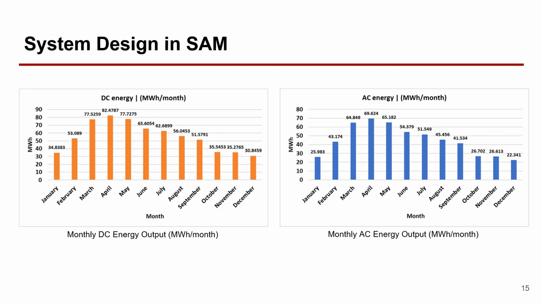Now for the monthly AC energy output, on the right side, the highest was in April as well with 69.62 megawatt hour, and the lowest was in December as well with 22.34 megawatt hour.